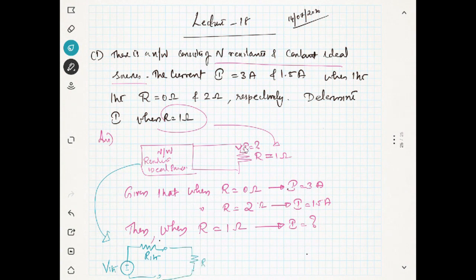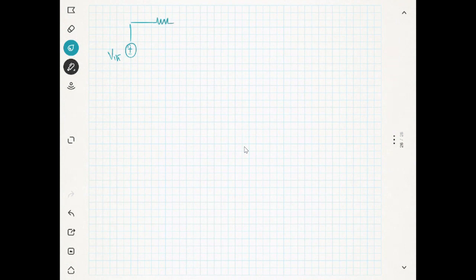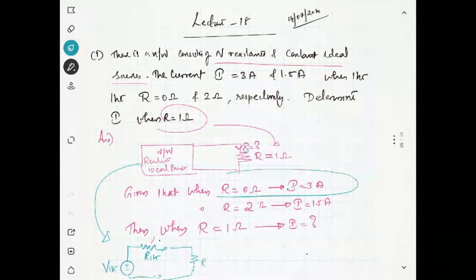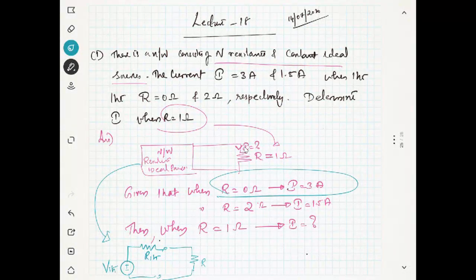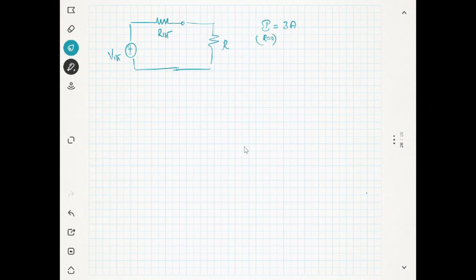Now you know that whenever you are representing it by the Thevenin's equivalent, V Thevenin and R Thevenin, and you are connecting here R, then you will have the equation I is equal to... It is given that the current is equal to 3 ampere when R equal to 0 ohms.